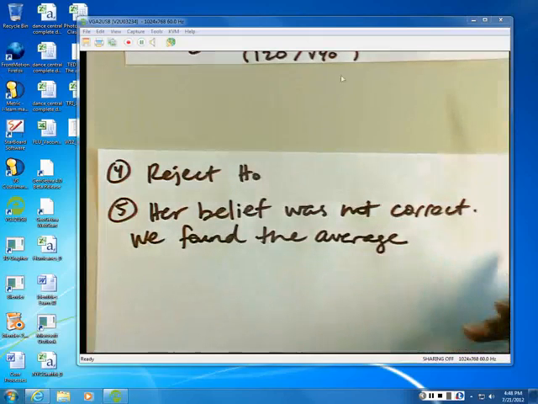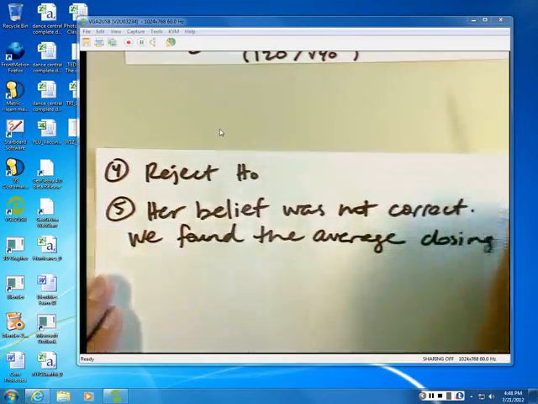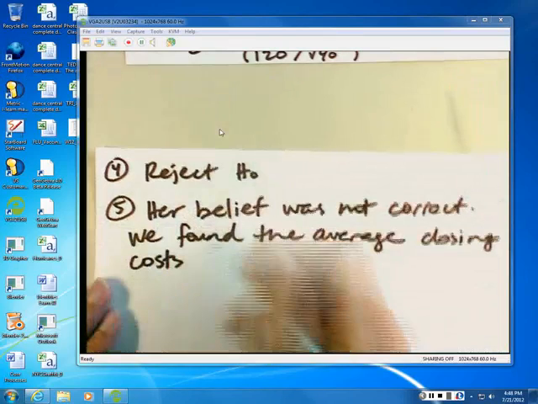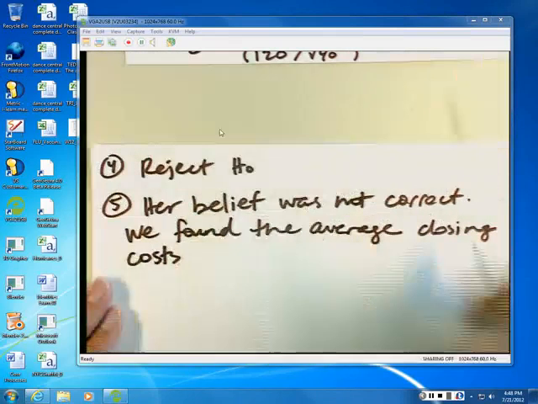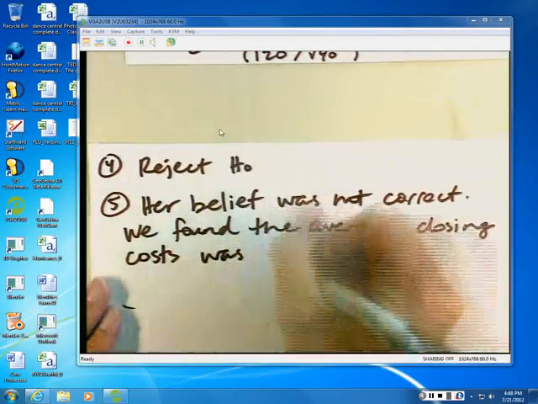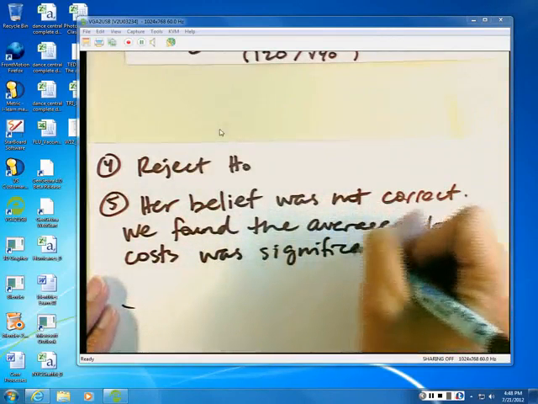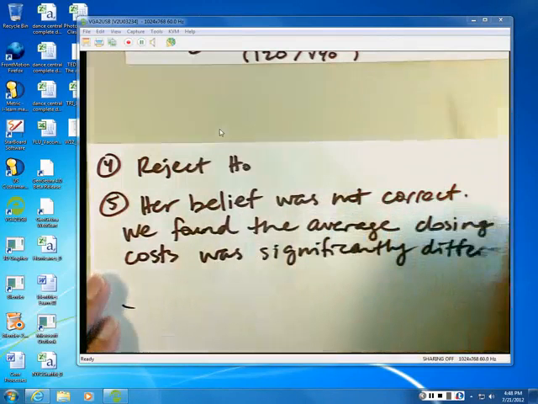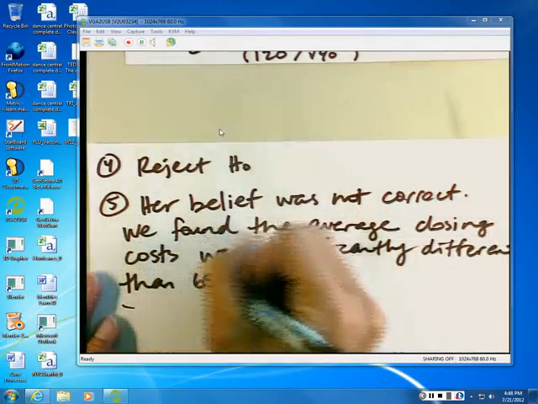We found that the average closing costs, you can say significantly greater, but really the language of this problem was different. We found that the average closing costs was significantly different than 6,500.